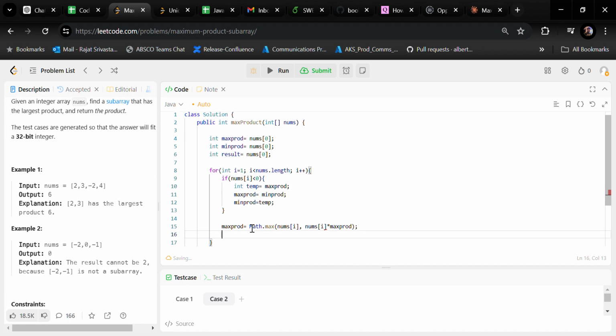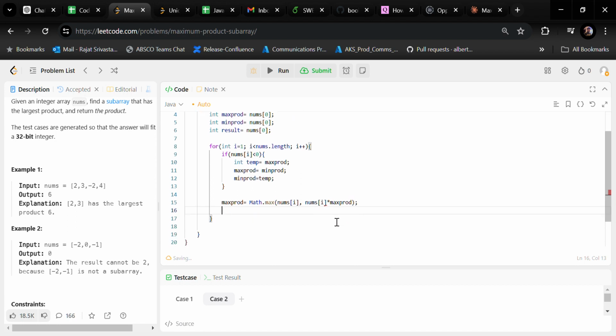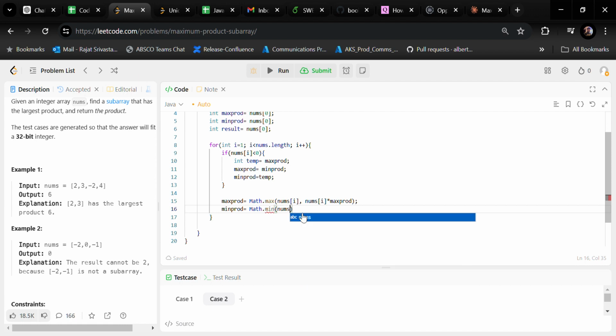Okay, so this is how it went, and minProd is basically Math.min between nums of i and nums of i multiplied by minProd.